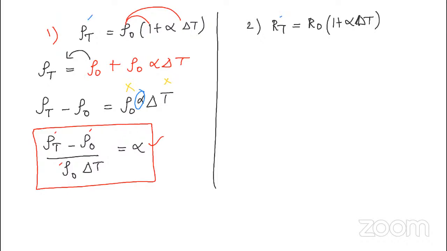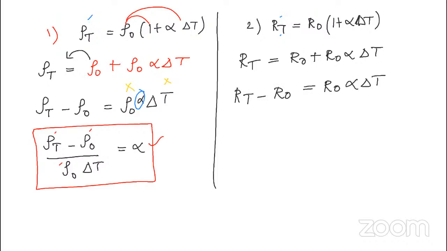Here it is rho and here it is R. So the alpha value comes automatically as RT minus R naught divided by R naught into delta T. In whatever format they ask, we should know how to write the formulas. So RT is equal to R naught plus R naught into alpha delta T, so RT minus R naught is equal to R naught into alpha into delta T, so RT minus R naught divided by R naught into delta T is equal to alpha.